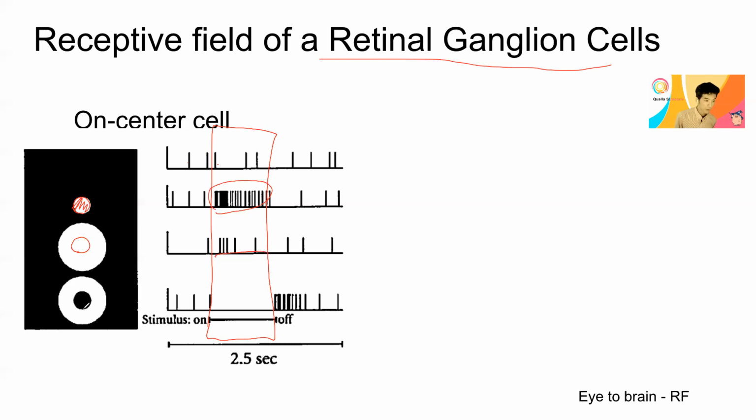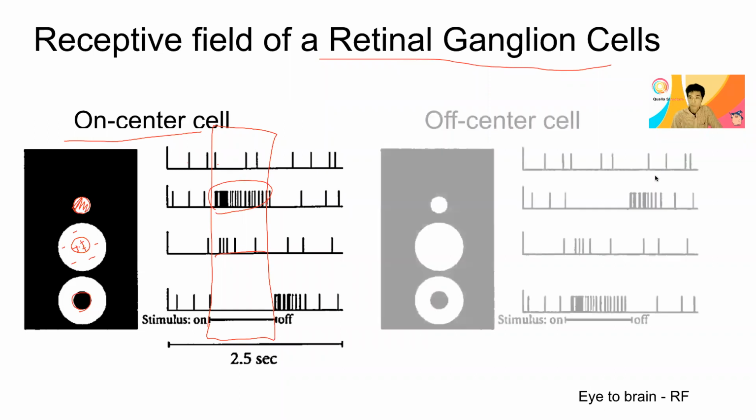And if you remove this part by black, it becomes completely silent. This means that these on-center neurons tend to have an excitatory receptive field component inside, and then an inhibitory surround. That's the structure of these on-center cells.